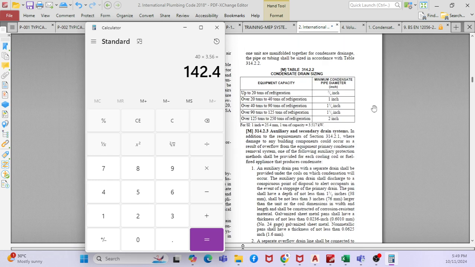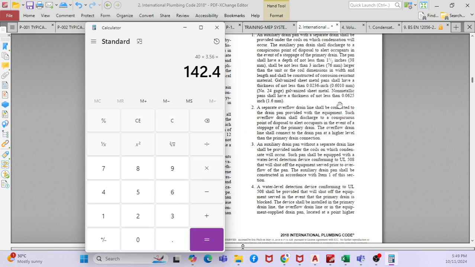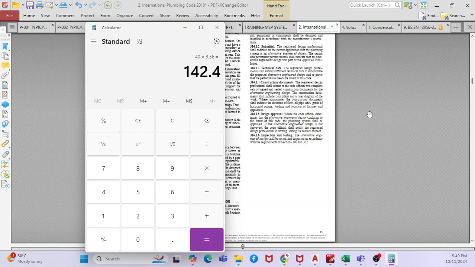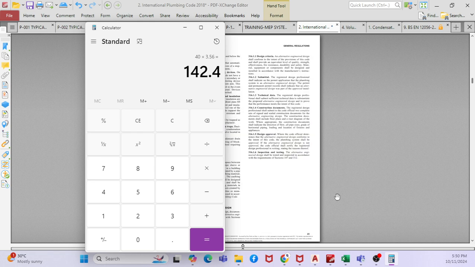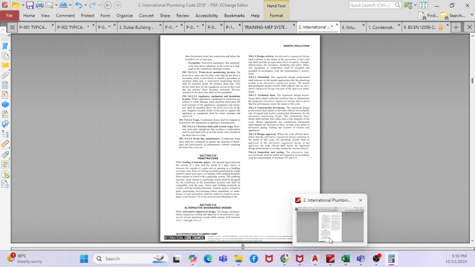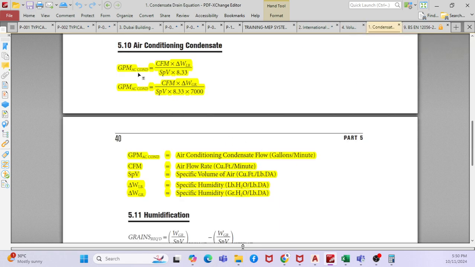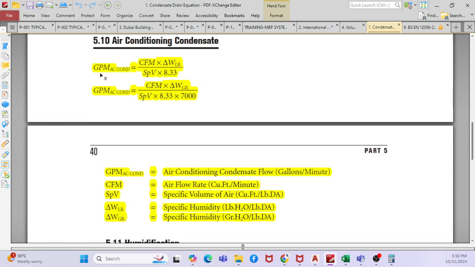But to understand the basics of how this pipe size arrived, I can also explain that as a basic concept. Now remember, there is one equation from HVAC, called the condensate drain equation. You can see this formula, right? GPM of the air conditioning equipment is nothing but CFM multiplied by delta W divided by specific volume multiplied by 8.33, right?